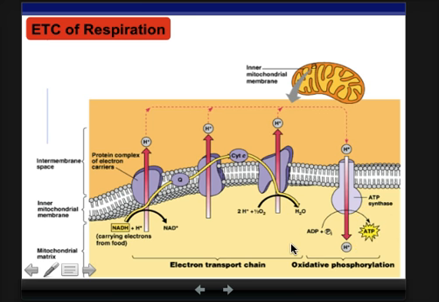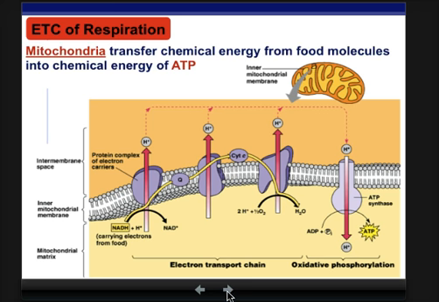Oxygen combines with protons to form water, and electrons are being handed off from one electron carrier to another using the proteins, the cytochrome proteins and the quinone lipids, which is not a protein. So that's the mitochondria, the transfer of chemical energy from food into ATP using the electron carrier NADH.